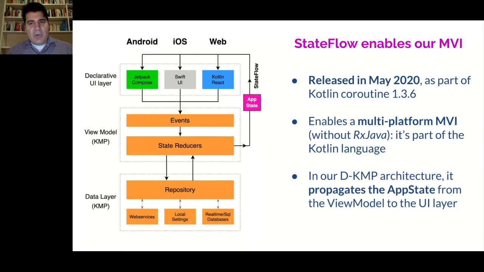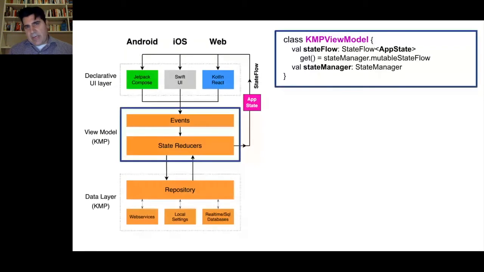So about the view model. Actually the view model is a Kotlin class, as simple as that. It's a Kotlin class which has a StateFlow, as you might expect and imagine. It's a StateFlow which has the app state that we saw earlier as the type.